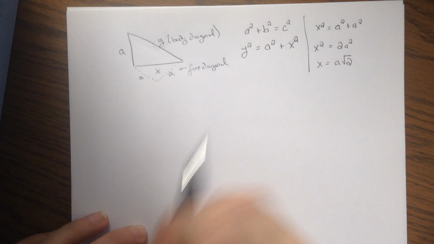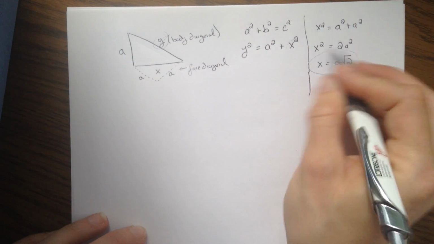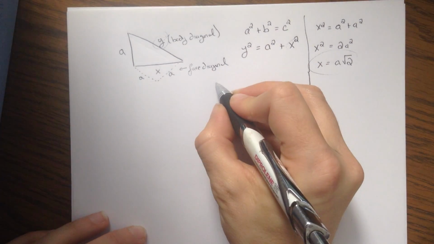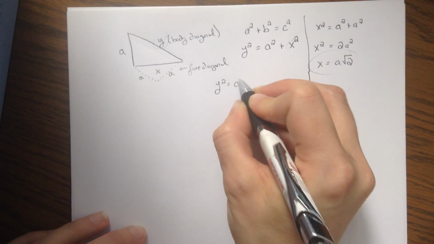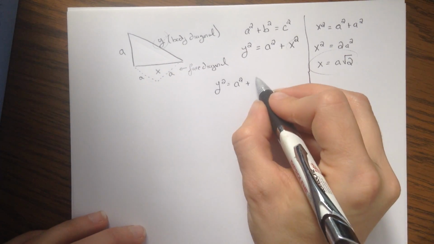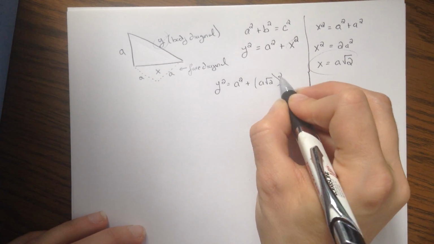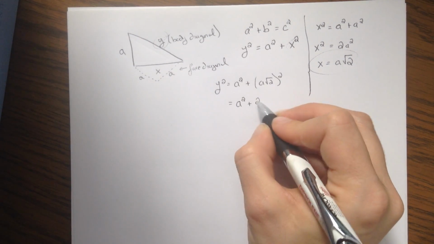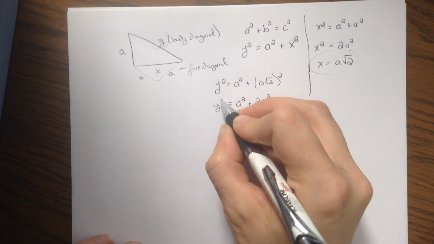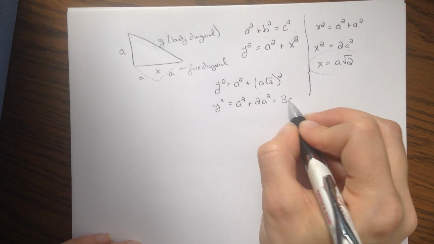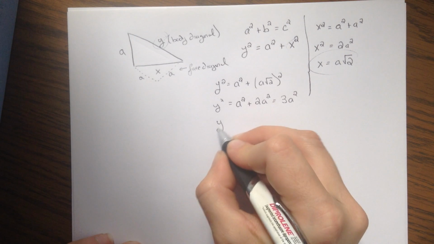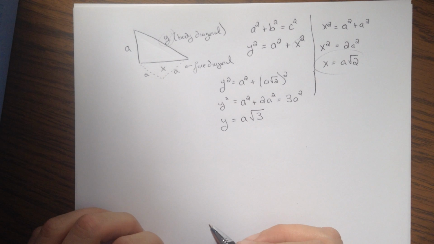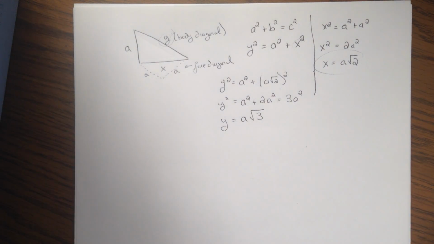Now I'm going to take this relationship and plug a square root of 2 in for x. y squared equals a squared plus (a square root of 2) squared, which is a squared plus 2a squared, the same as 3a squared. So y equals a square root of 3. Now I've got y in terms of a.